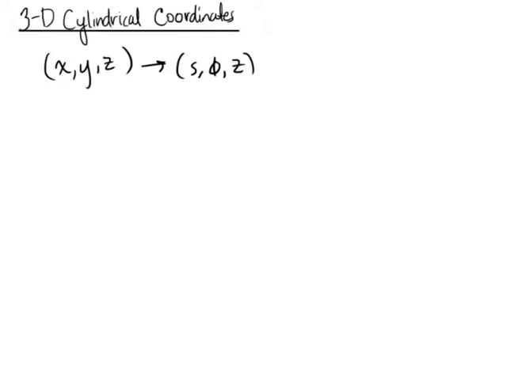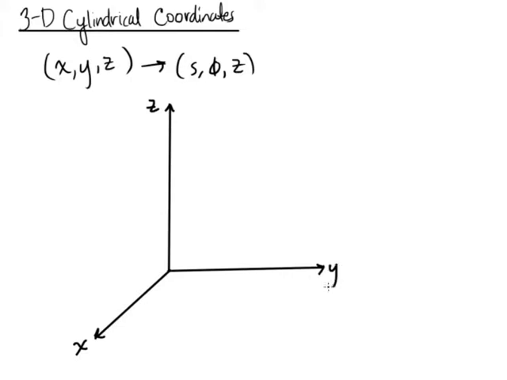So now we can go on and start getting a graphical representation of this system. So we have our axes, so that would be our z, our x, and our y.